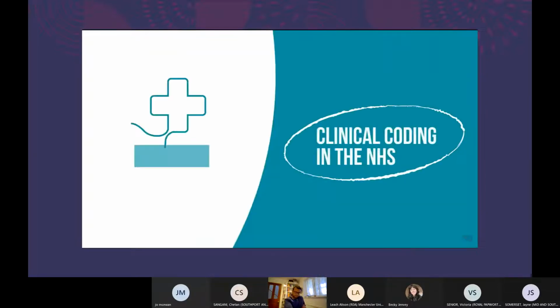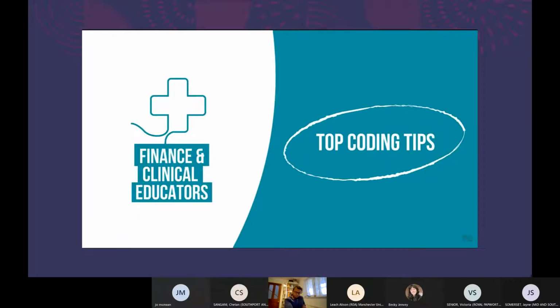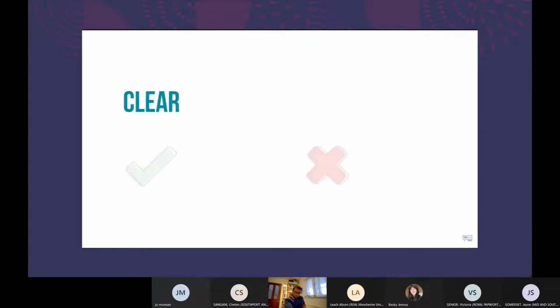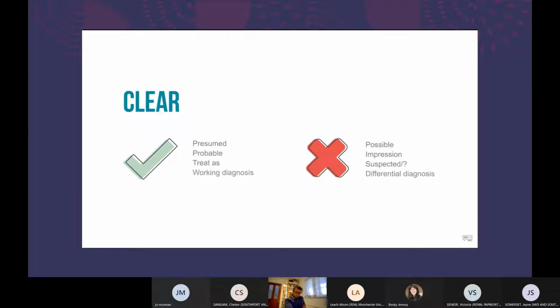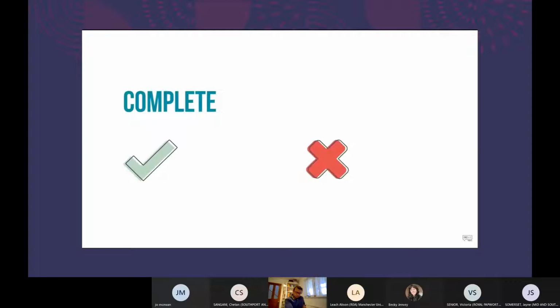Now we know how important accurate clinical coding is to NHS organisations. Here are some top coding tips. Clear. Write clearly and legibly, type if possible. Use appropriate language. Check with your organisation, as some have agreements to accept certain terms. Complete.